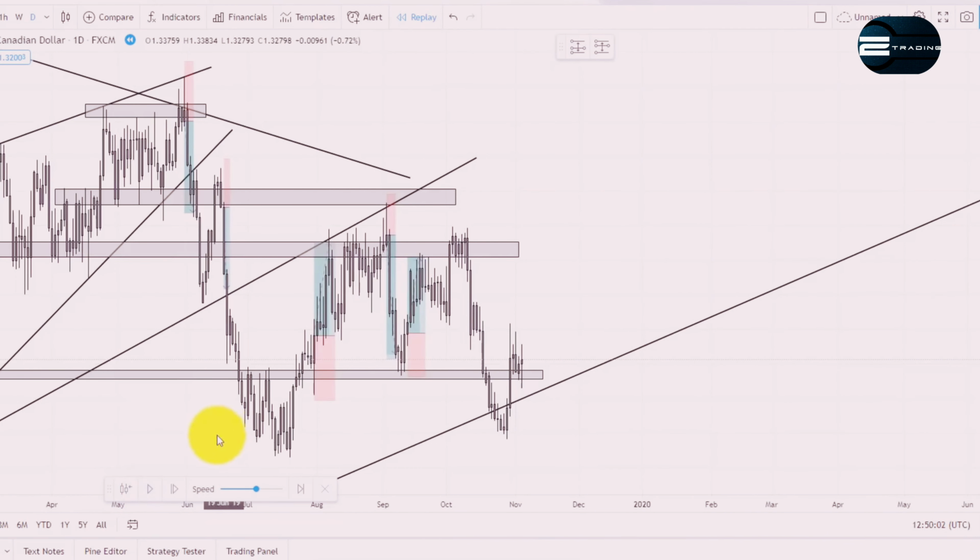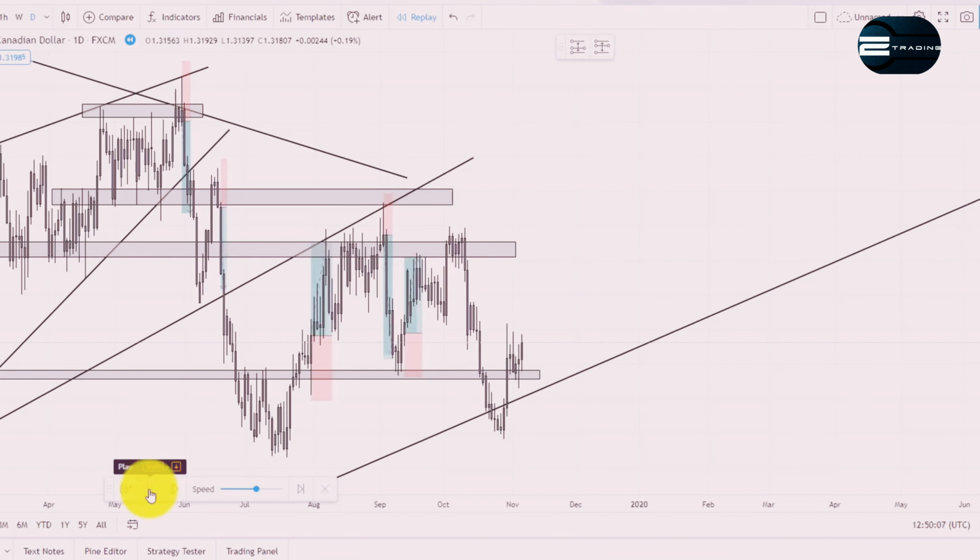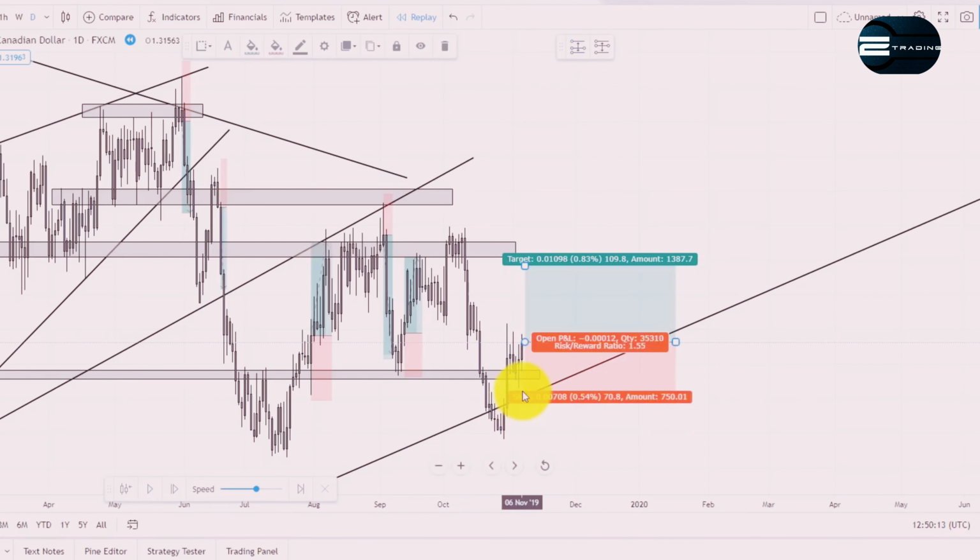See, the market comes back again, near our fourth support and resistance zone area. The market creates a pin bar candle, and the next candle confirms after the rejection that the market is completely bullish.